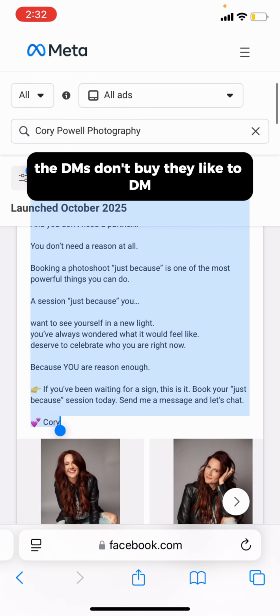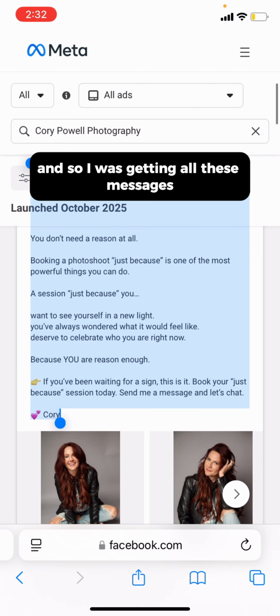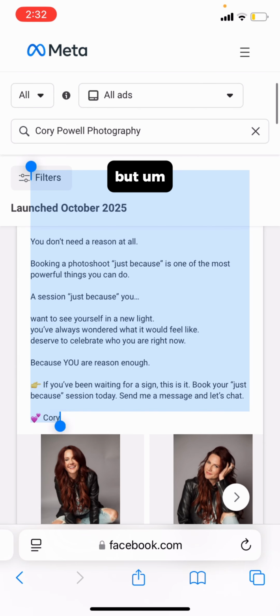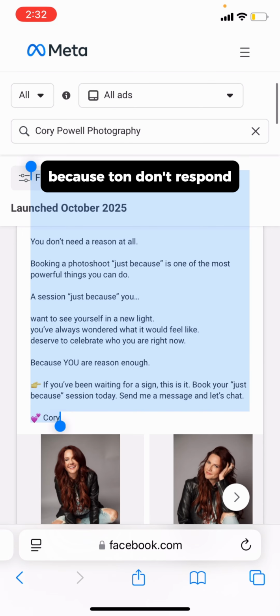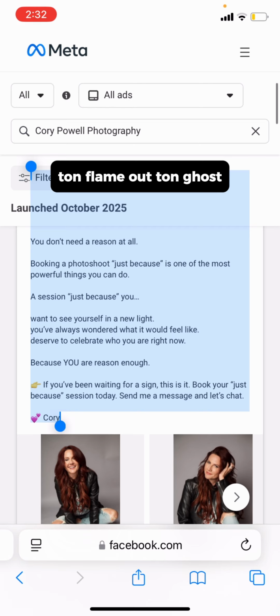The DMers don't buy, they like to DM. And so we're getting all these messages, cool, but they're from non-buyers. But we're actually screwed up in all the steps later in our funnel, because tons don't respond, tons flame out, tons ghost.